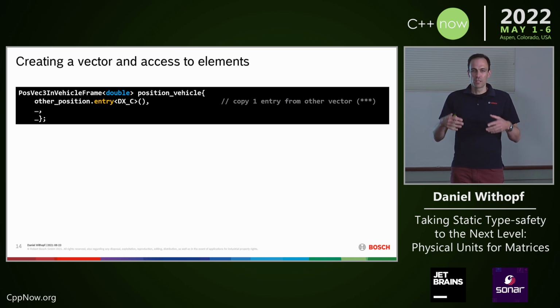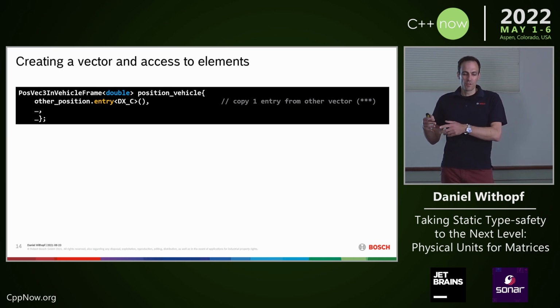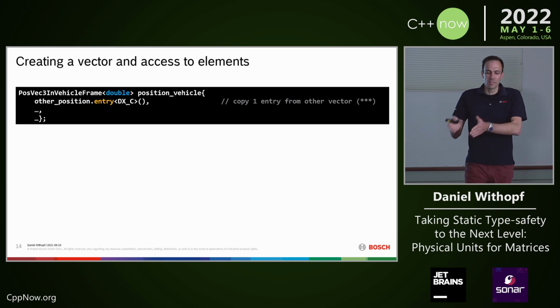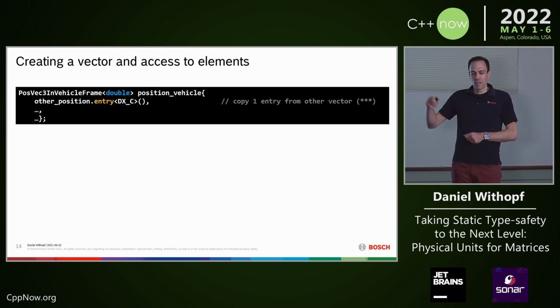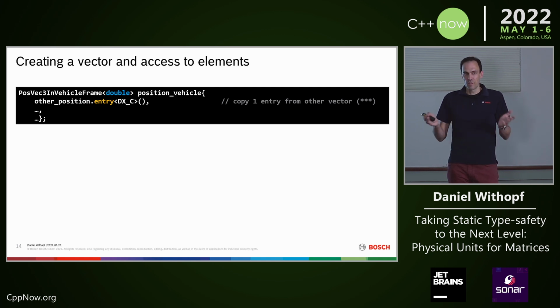So this would extract the dx index from other position and then assign it to the dx index in the current vector that we're constructing. There's a full check that dx is part of other position, that dx is the first index in the vector we're creating, and if any of this wouldn't be true, then you get a static assertion.